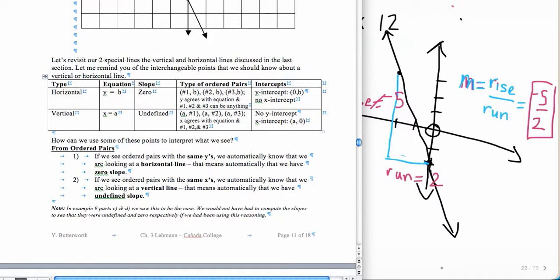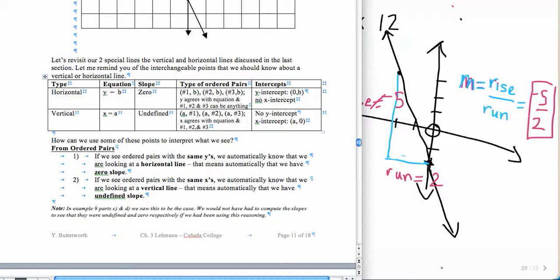And then vertical lines, the equations look like x equals a. When we see a vertical line, whether we see it visually or with a formula, we know that the slope of a vertical line is undefined. And when we see the ordered pairs, same thing: when the x coordinates in ordered pairs are the same, we're actually talking about a vertical line.